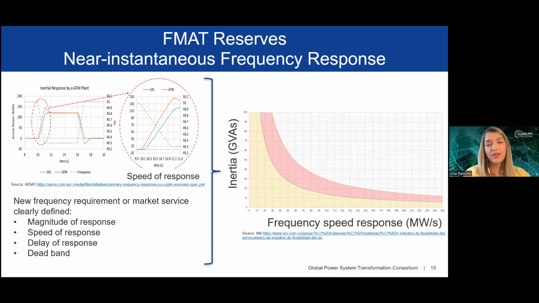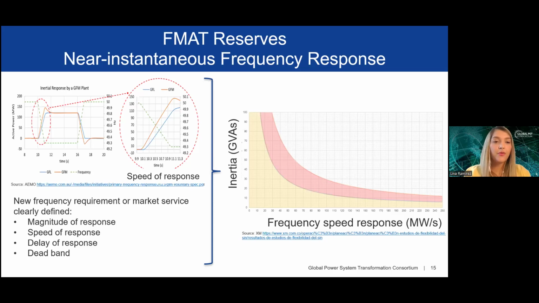They are doing the same thing for synchronous condensers. They have that kind of service, but it is open to any technology that can provide it. At the end, I think the best practice is to define a service, and all the resources that can provide that service can participate, whether it's a market or a technical requirement.